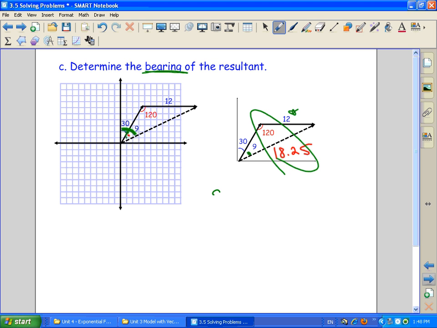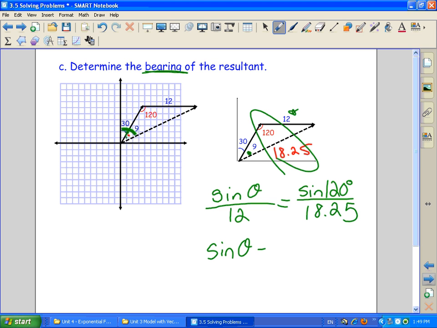So we're going to say sine of whatever angle we're trying to find, theta, which is this one right here in the dot, divided by its measurement, which is 12, equals the sine of the angle we know, which is 120 degrees, divided by the measurement of that, which is 18.25. Remember that sine theta equals the opposite cross, which is 12 sine 120 degrees, divided by what you would normally multiply it by to isolate it.